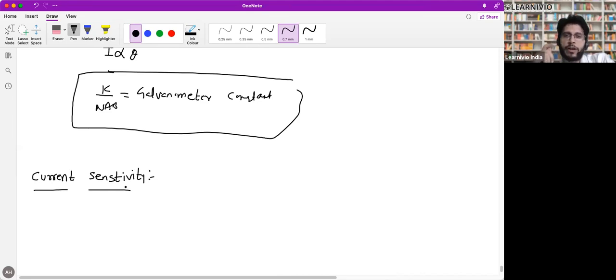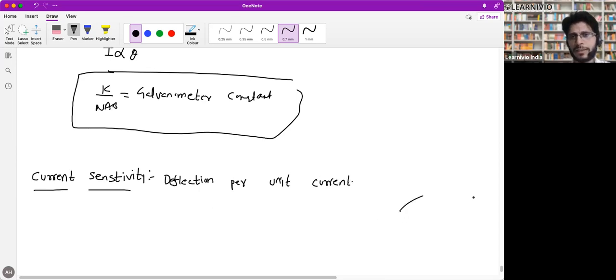Let's say you take a galvanometer and pass 1 ampere of current through it, then the deflection produced in the galvanometer is known as current sensitivity. So current sensitivity is deflection per unit current.